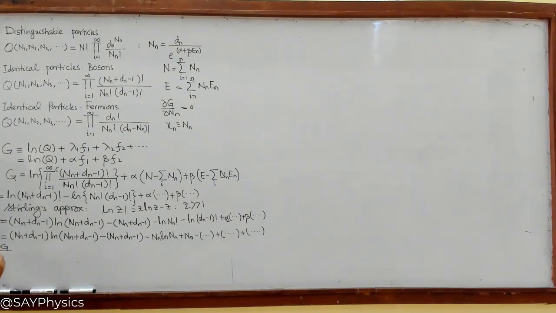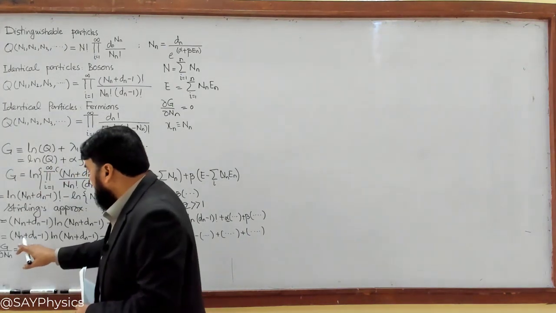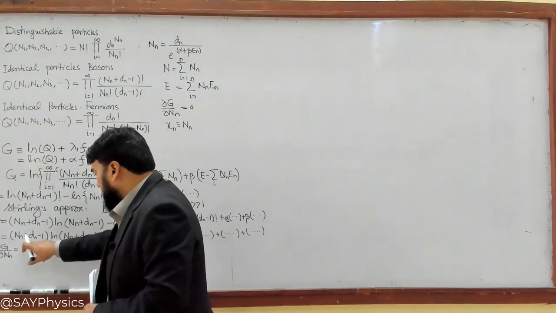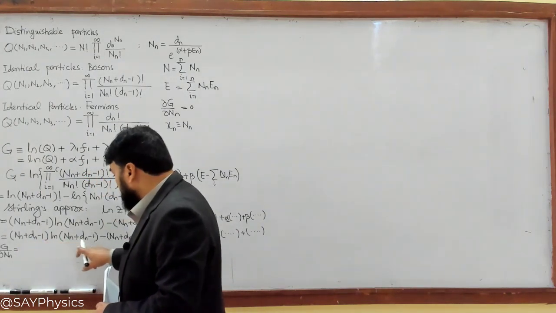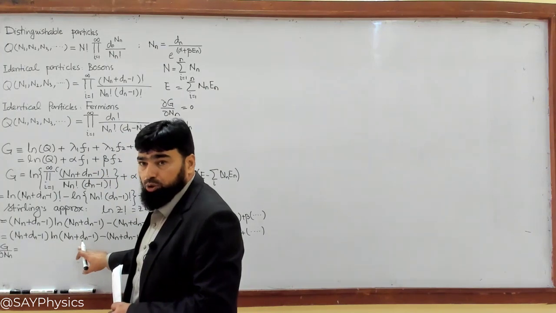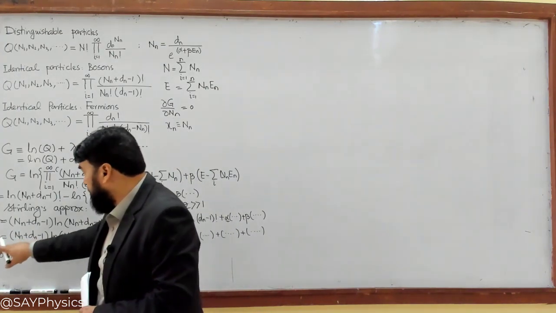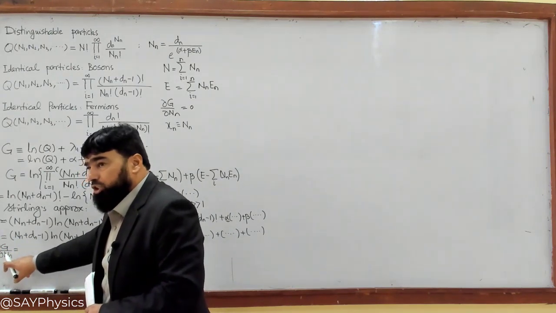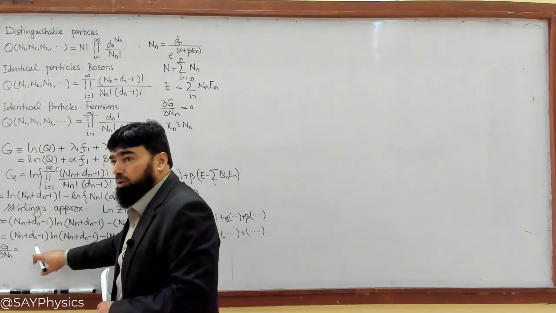So ∂g/∂nn is equal to, now first of this, you see, this is involving nn, this is involving nn, so they are two variables, and on two variables when you apply a derivative, you convert them with the help of the product rule.